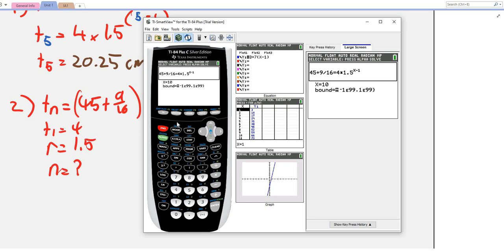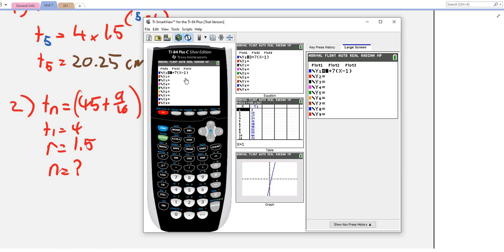So I'll quit out of that. Just second quit. And I'm going to make my equation up here. 4 times 1.5 to the power of x minus 1.